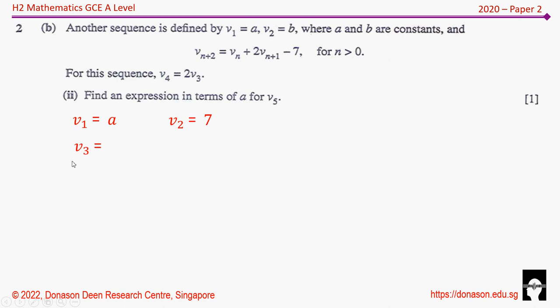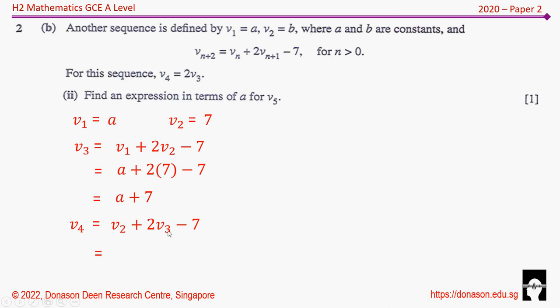And then our v3 is v1 plus twice of v2 minus 7. If we put in v2 as 7, so a plus twice of 7, that's 14. From that you subtract a 7, that's going to become a plus 7. So that's your v3. And your v4 should be v2 plus 2v3 minus 7. I'm using the same expression.